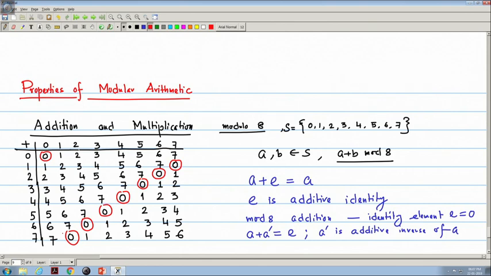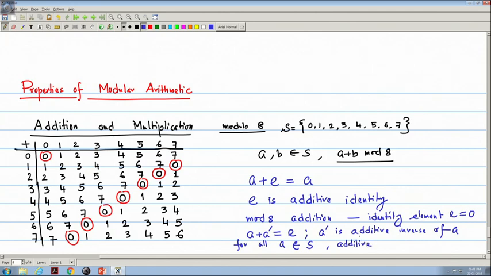When A equals 1, my A dash is 7; A equals 2, my A dash is 6, like that. So for all A belonging to S, which is 0 to 7, the additive inverse exists.